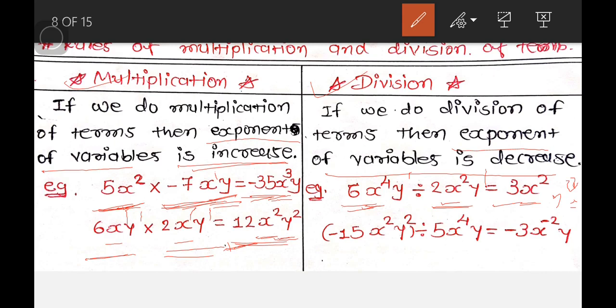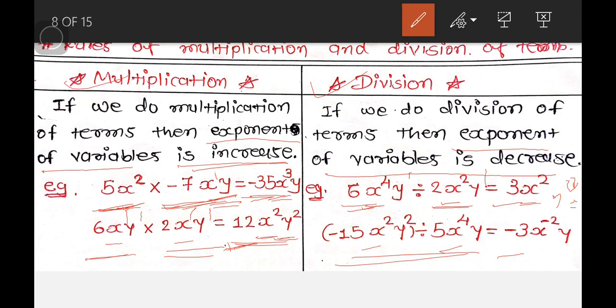Now another example: minus 15x square y square divided by 5x raised to 4 y. First we divide 15 by 5 and get 3, and the terms have different signs, so we put a negative sign. The numerator has x square and the denominator has x raised to 4. That means the power of x is larger in the denominator.